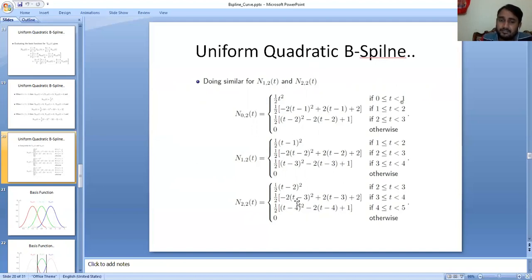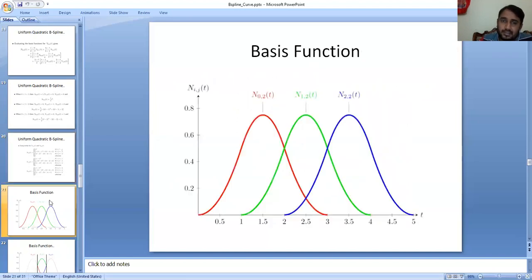Otherwise, the rest of them will be 0. So we have calculated all this formula. So when we draw this spline basis function with respect to t, then what we'll get?